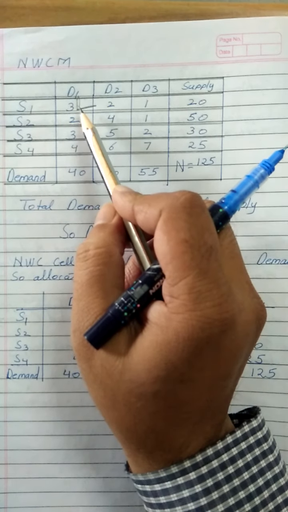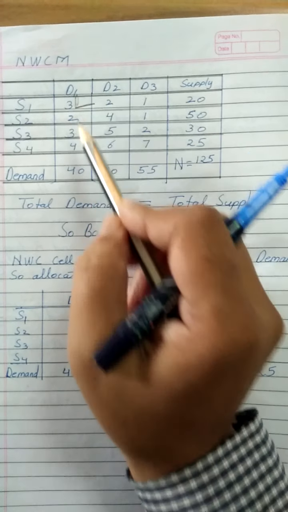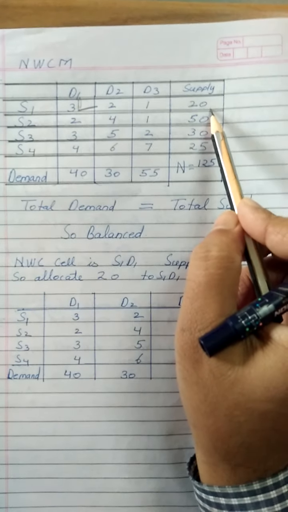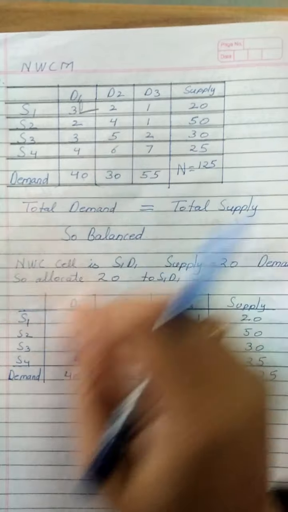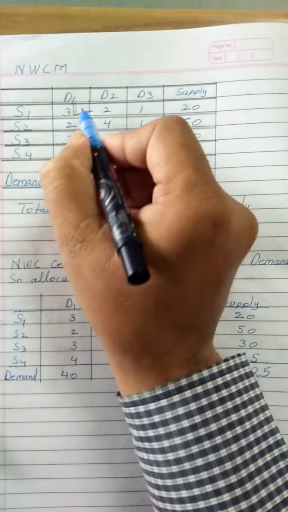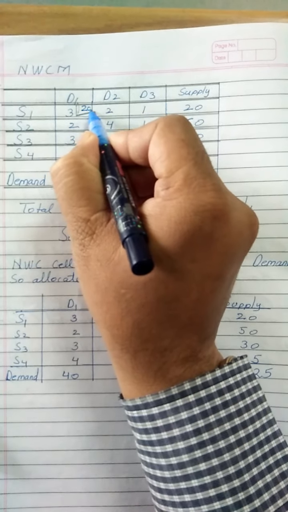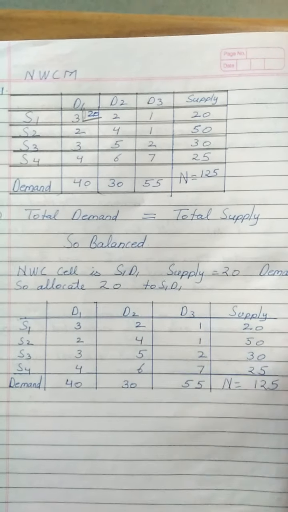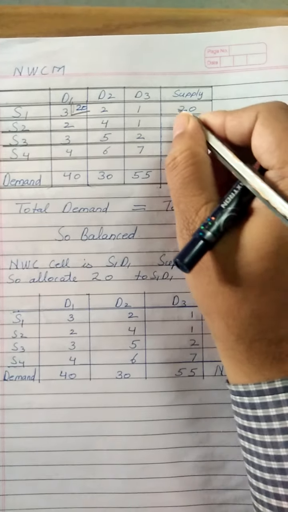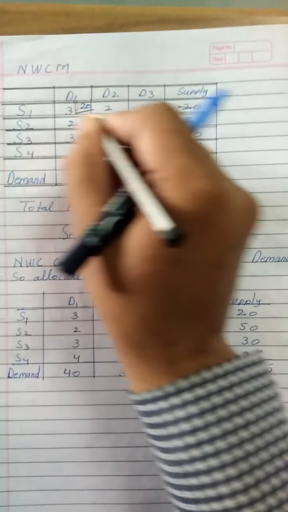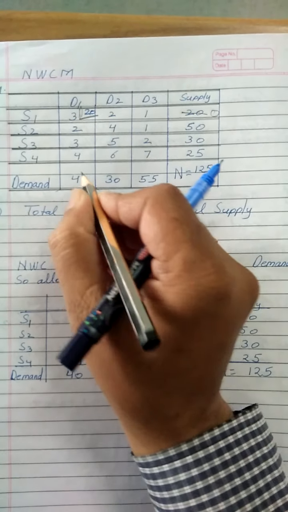Now we have selected the cell. How much to allocate? Destination D1 requires 40 units. Supply S1 has only 20 units. So as it has only 20 units, we can only allocate 20 over here. Now if we have allocated 20, this 20 will become 0 because we have given it to destination D1.